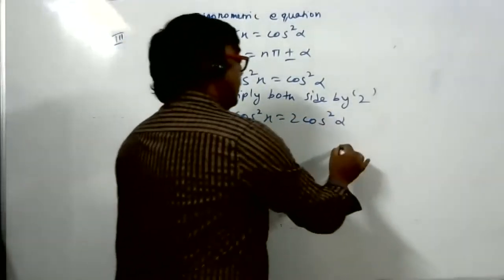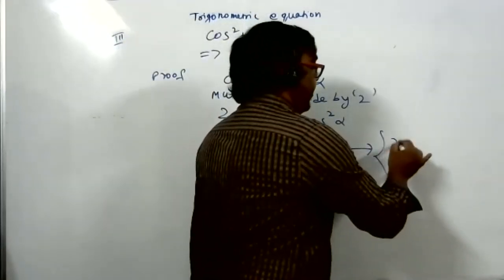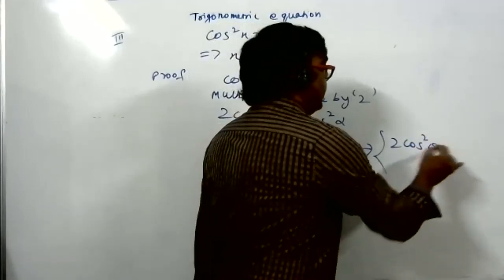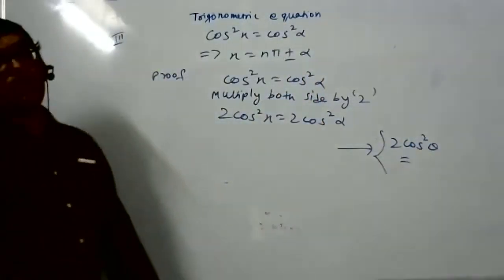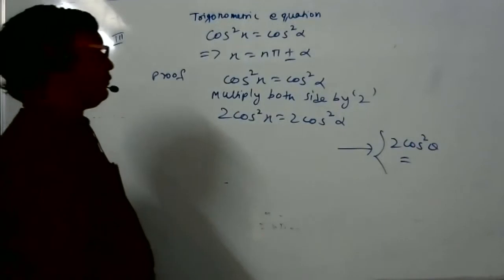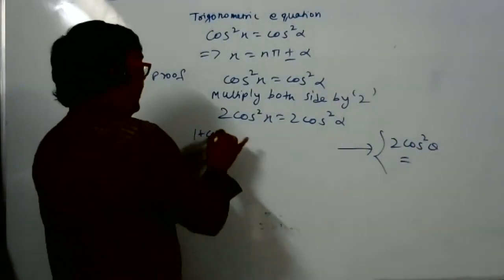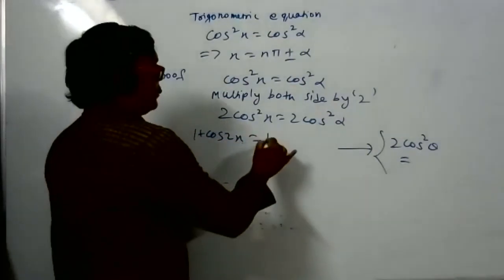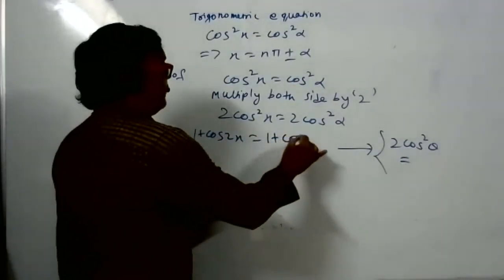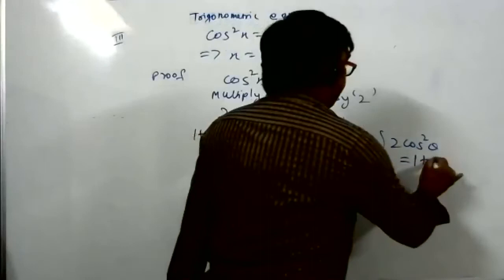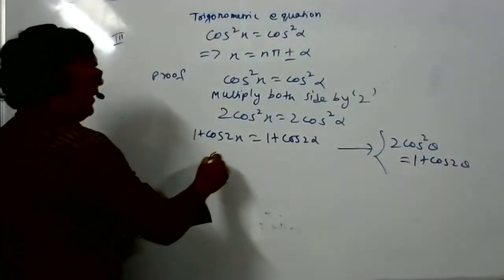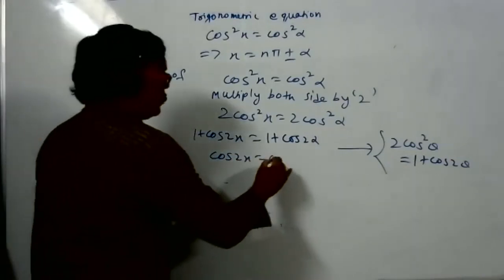Again, a very useful formula I told you that time. 2 cos square theta, what is that equal to? Tell me fast. 1 plus cos 2 theta. So 1 plus cos 2x, and here also 1 plus cos 2 alpha. Because this formula is 1 plus cos 2 theta, it is very much used. 1 and 1 will get cancelled. I get cos 2x is equal to cos 2 alpha.